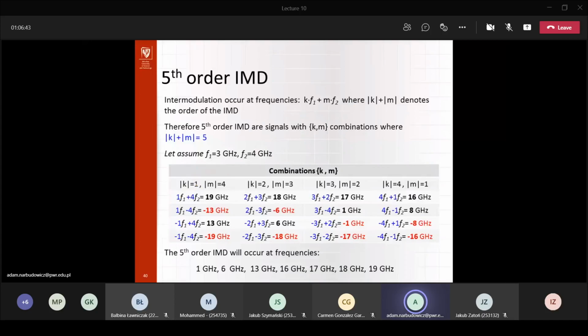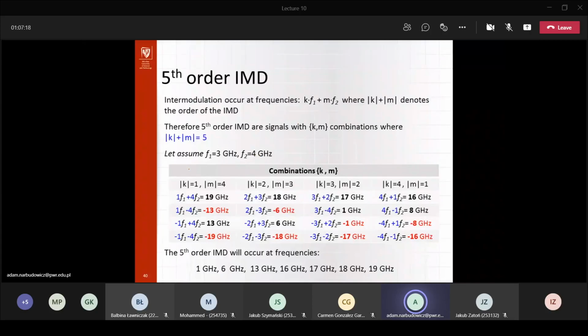We can have k equals 1, m equals 4; k equals 2, m equals 3; k equals 3, m equals 2; and k equals 4, m equals 1. Each of the combinations will come with plus and minus signs on both sides. Here we are assuming that we have 2 signals, one at 3 gigahertz, the other at 4 gigahertz.